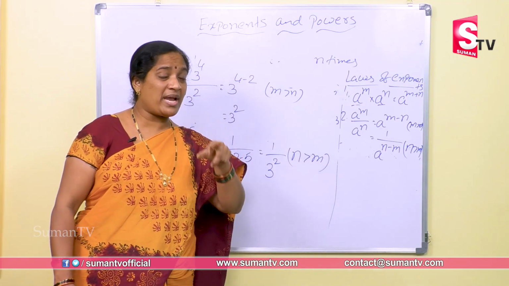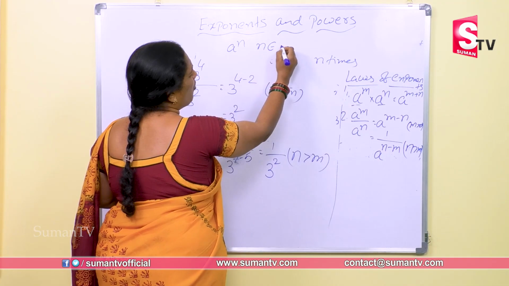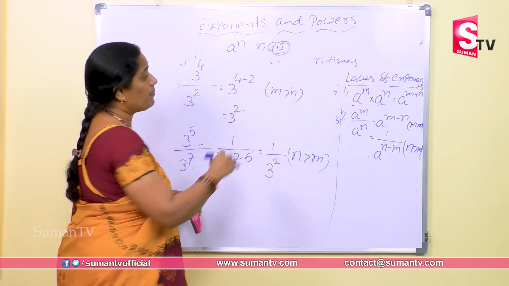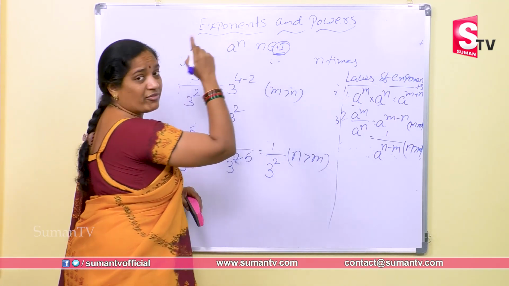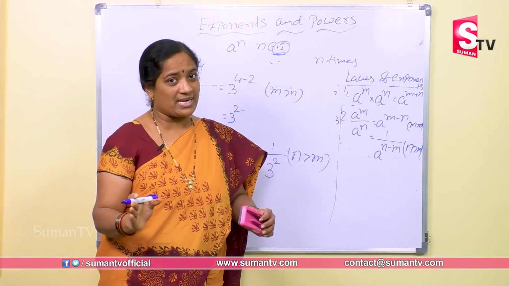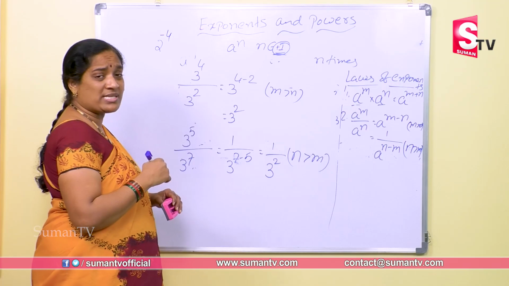Clearly, while I am explaining a to the power of n in general form, n must be a positive integer. It should always be positive, because other than positive integers we cannot expand. Suppose 2 to the power of minus 4 is there.